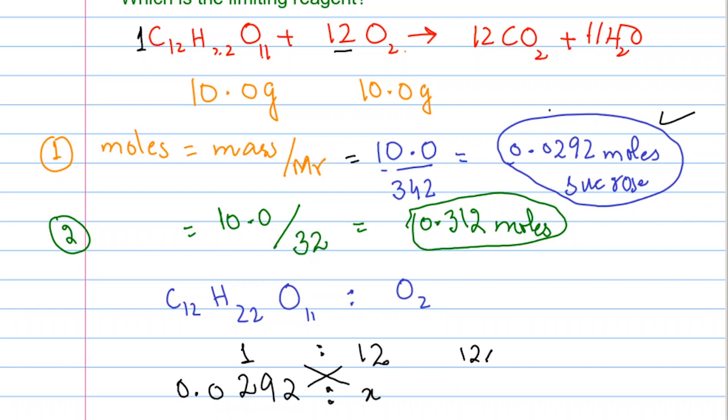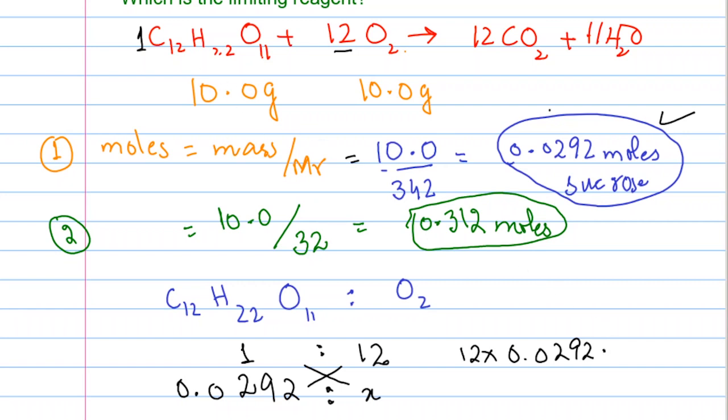So here we will write 12 multiplied by 0.0292. After multiplying these values, the answer is 0.350.